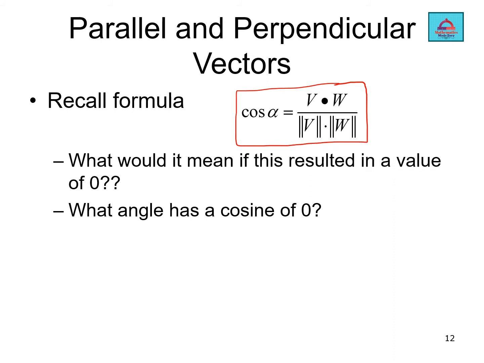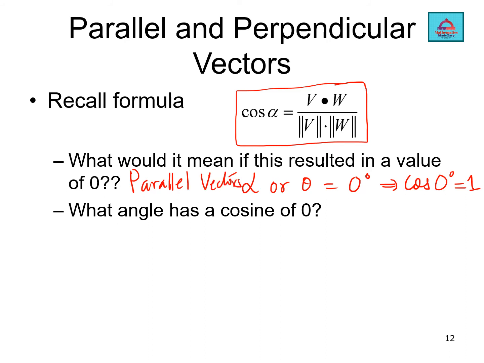So if the angle is 0, then cos of 0 degree would be 1. So this result would come out to be 1. If the angle between them is 0, it means they are parallel vectors, right? So that will be this case.